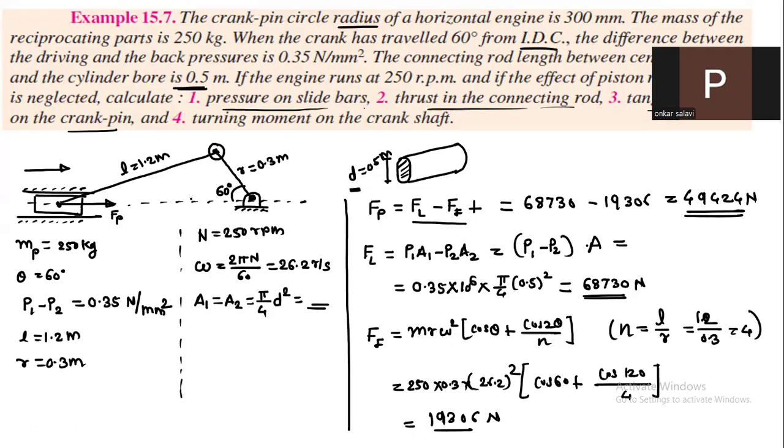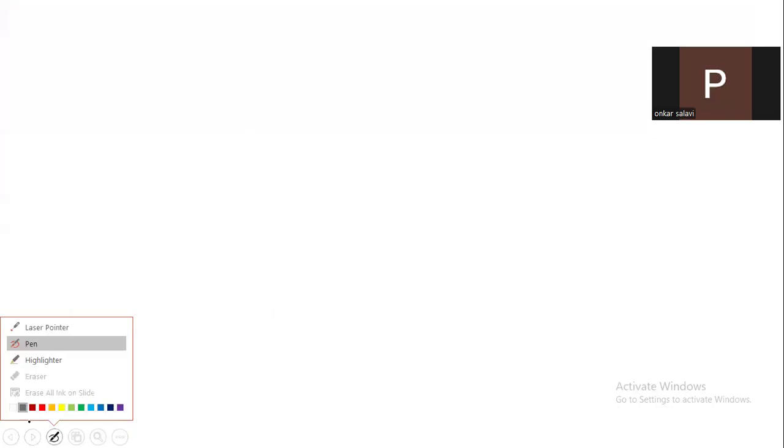Now we have to find out the pressure on the side wall, which means we have to find out the force acting on the wall. So here we have to find out this Fn. Let us use trigonometry. Now we have FP. Then consider this triangle.